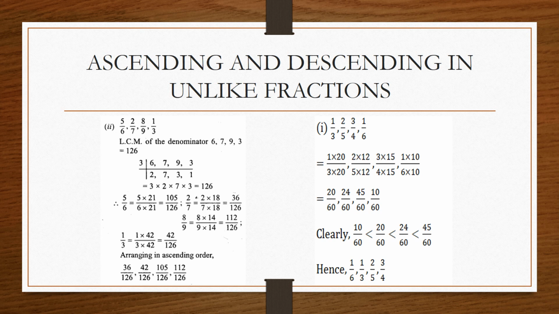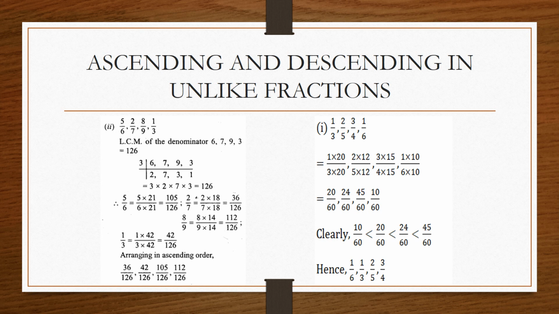Now 8 by 9, if you change to like fractions, will be 112 by 126. And 1 by 3, if you change to like fractions, will be 42 by 126. Now you have to arrange this in ascending order, so small to big.